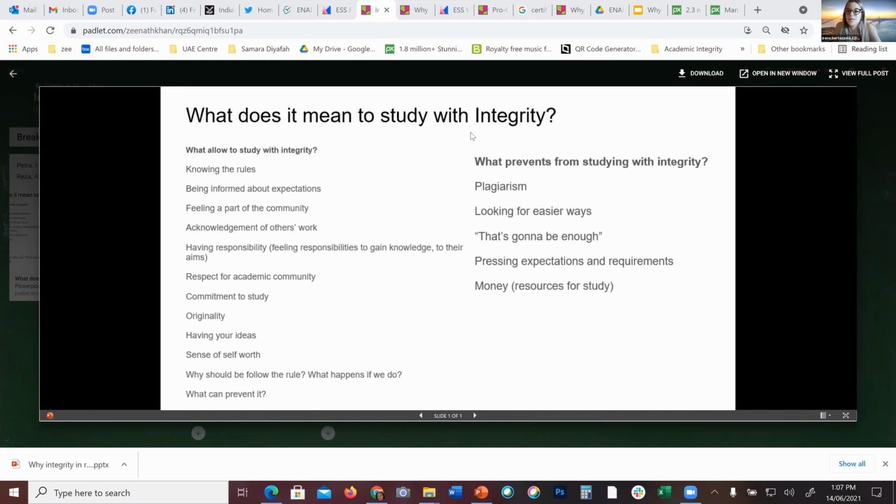And also sometimes we lack time, we are under pressure, and these are other reasons that lead us to not follow integrity in general. And also money. So some resources are not open access, and sometimes we copy books or we copy figures. So sometimes we also do this as students, but also as teachers sometimes.